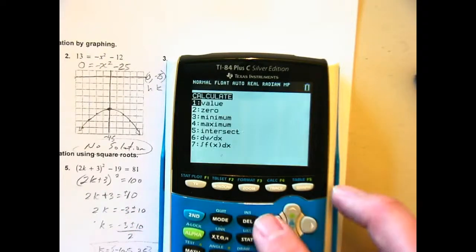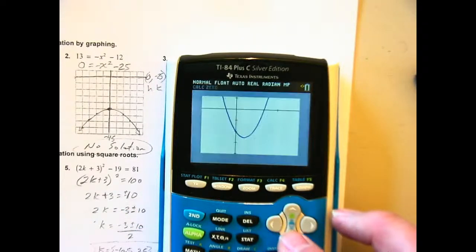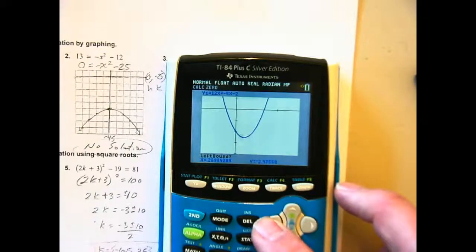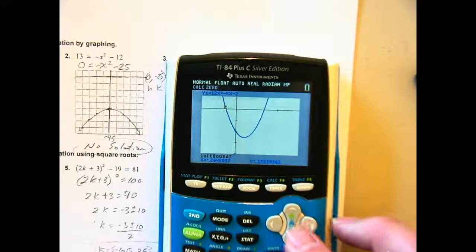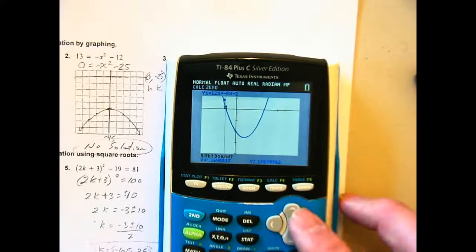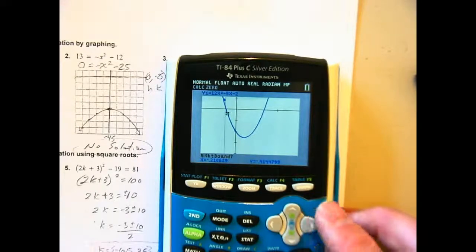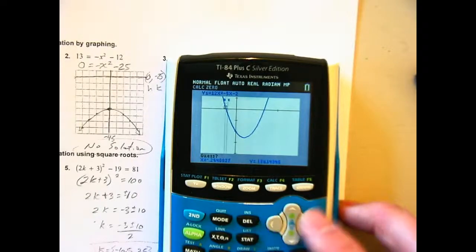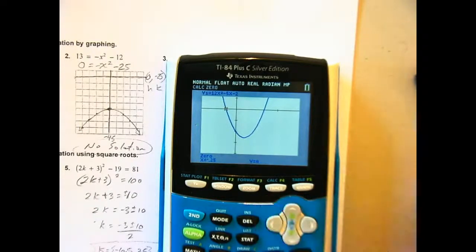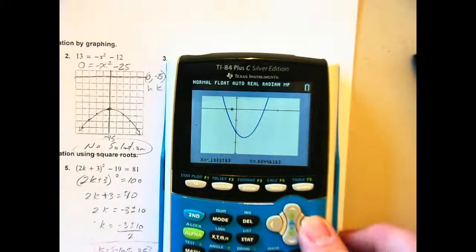So second trace, which is calculate our zeros, option 2. We go to left bound, so to the left of that 0, and then right bound to the right of that 0, and then a guess as close to that 0 as possible. So one of my zeros is at negative 1/4, or negative 0.25, when y is 0. Remember, you'd want y to be 0.